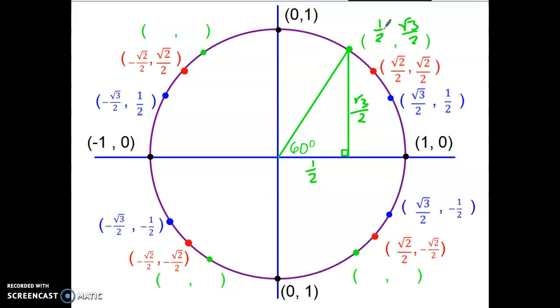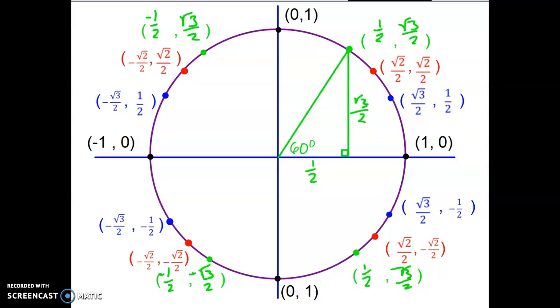So moving into the second quadrant, cosine is going to be negative, sine is going to be positive. All right, in the third quadrant, tangent was positive, which tells me that both sine and cosine are negative. And then in the fourth quadrant, I remember that cosine is positive, but that means that sine is negative.